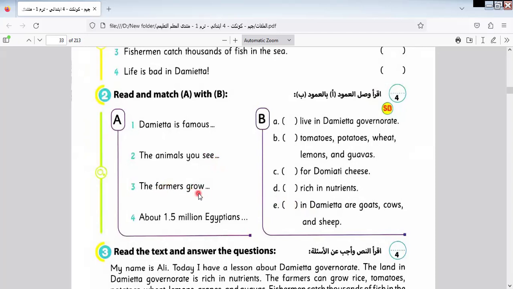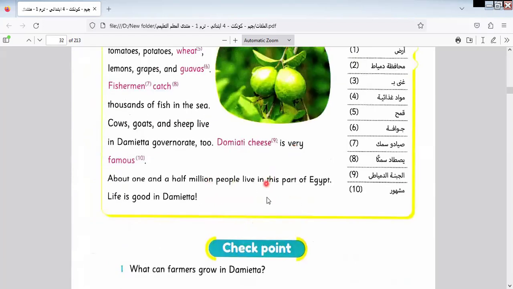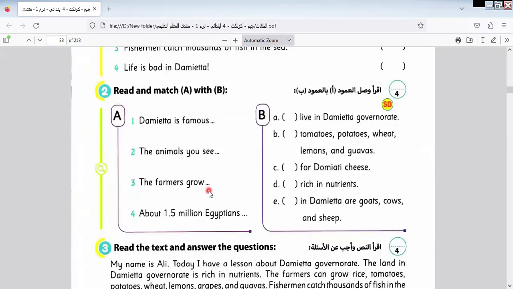So here, when I see grow it means I talk about plants or vegetables, crops. So it will be number 3 by number B. About 1.5 million Egyptians live here. As we know in this text, about 1.5 million people.